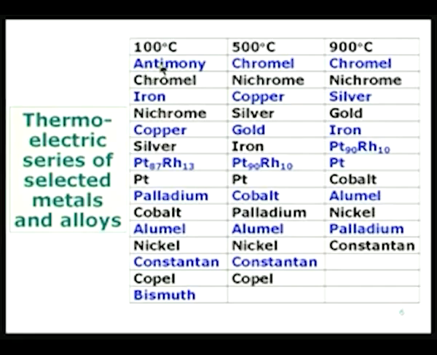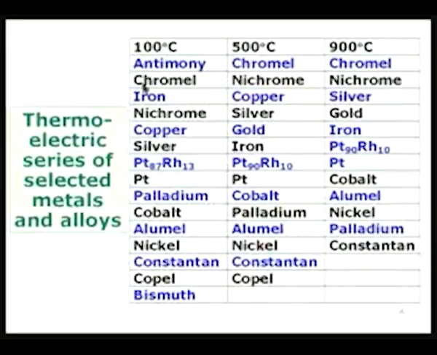That is, if I take antimony and chromel and make a junction between these two, the voltage appearing across the two will be positive on the antimony side and chromel will be negative. So, how do we come to the conclusion regarding this? It is arranged with the more positive at the top and the less positive or more negative toward the bottom. So, that is the order in which it is put.